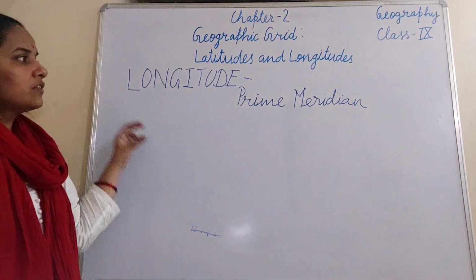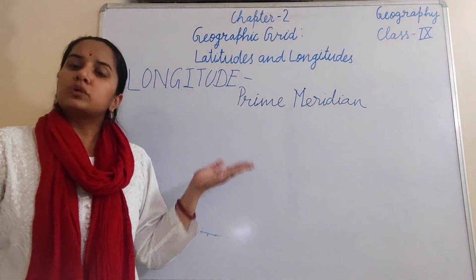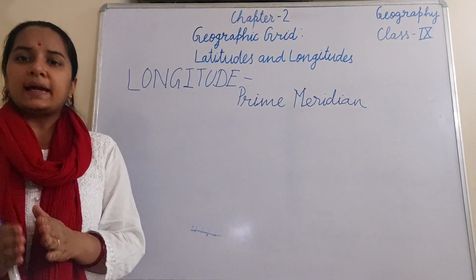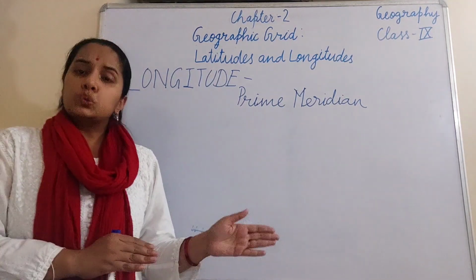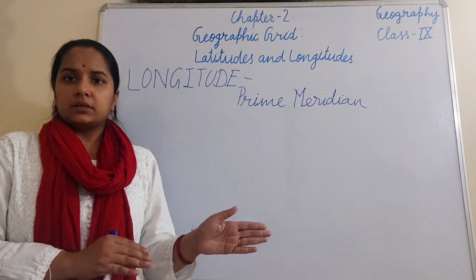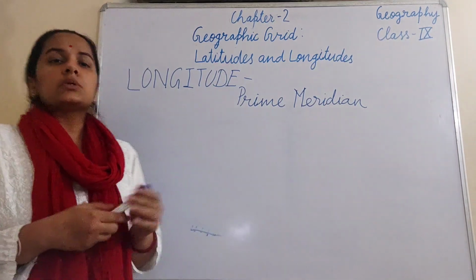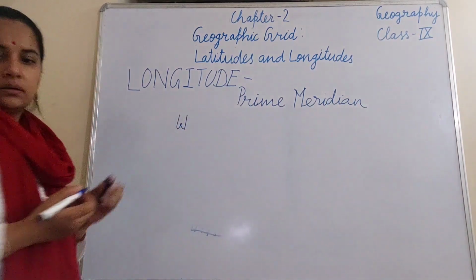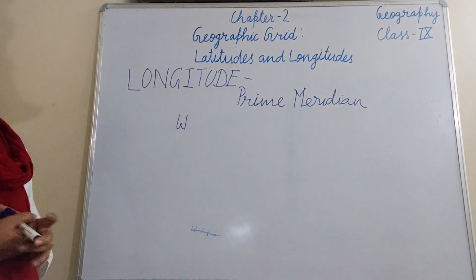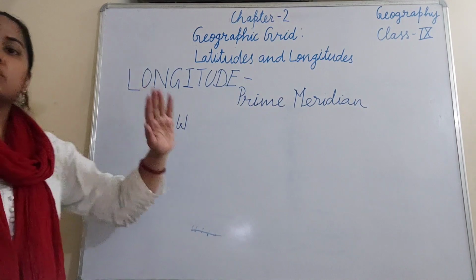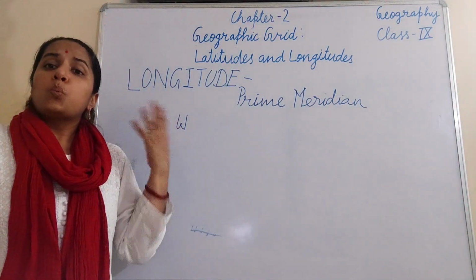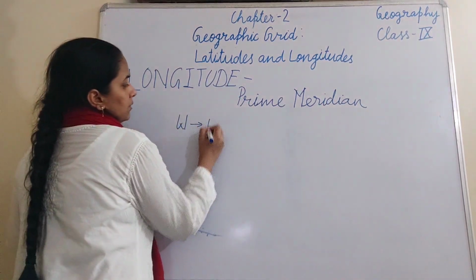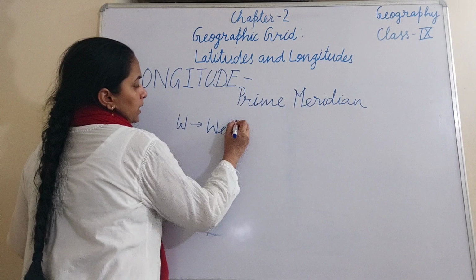And how do we represent things with respect to the prime meridian? All the places or all the lines which lie west of the prime meridian are suffixed with W, because they are lying west of the prime meridian. W means west.